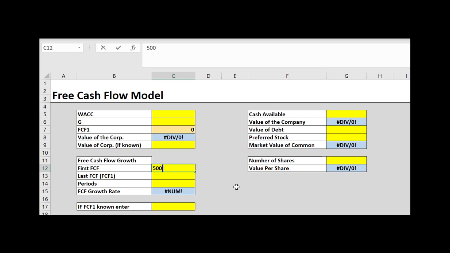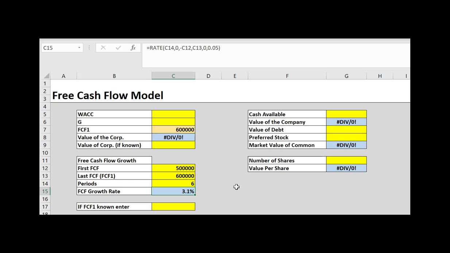This company had free cash flows of $500,000, and it has grown to $600,000 over 6 years.